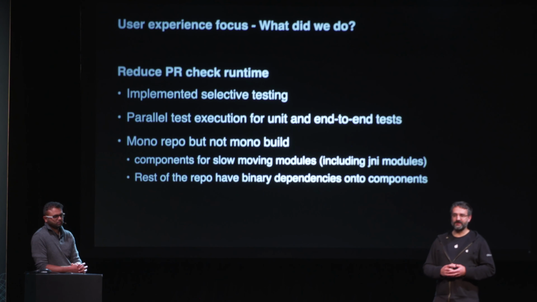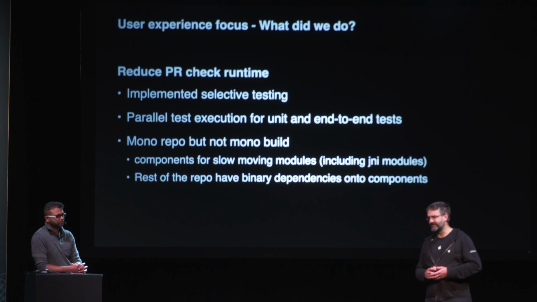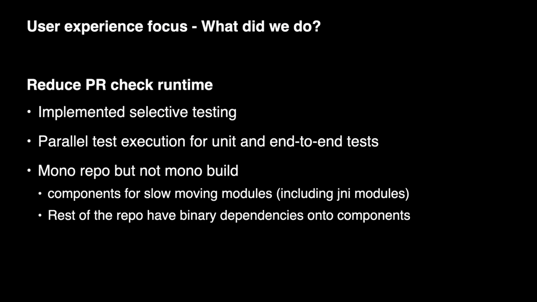Reduce PR check runtime. As Ankit has mentioned, the Gradle cache and moving to Gradle had already helped a lot, but we wanted to move even further. So what we did is that we implemented selective testing. Because a lot of our tests were functional level tests, end-to-end tests, we decided, okay, Siri has many domains of knowledge, and really, if you impact only one domain, there's no reason to run the end-to-end tests for all domains.